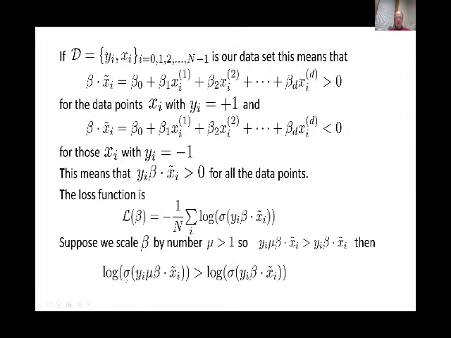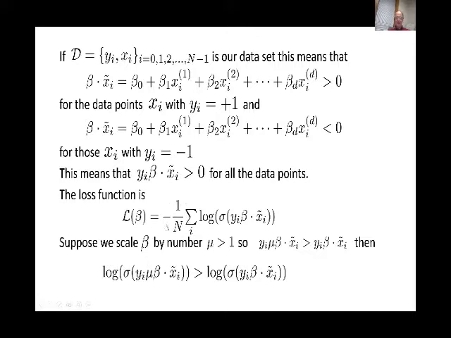So the log of sigma of this scaled thing will be bigger than the original thing, right? If you make beta larger, then the log of sigma of this thing will also be larger.